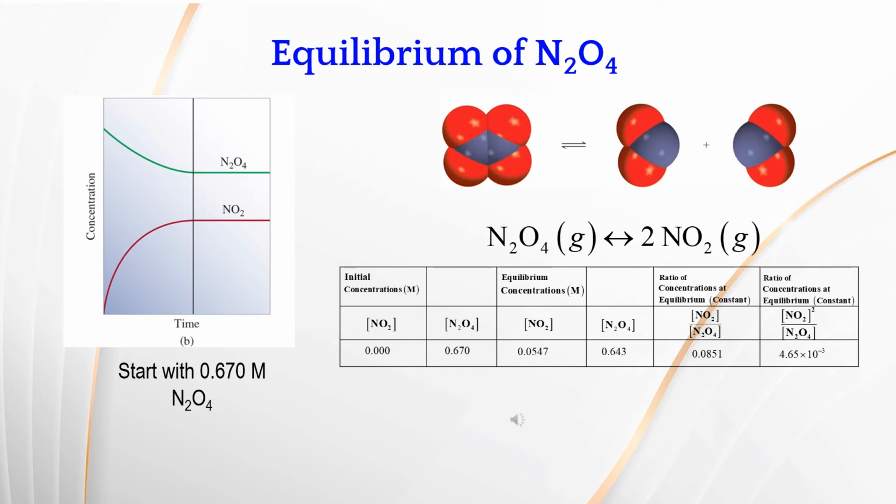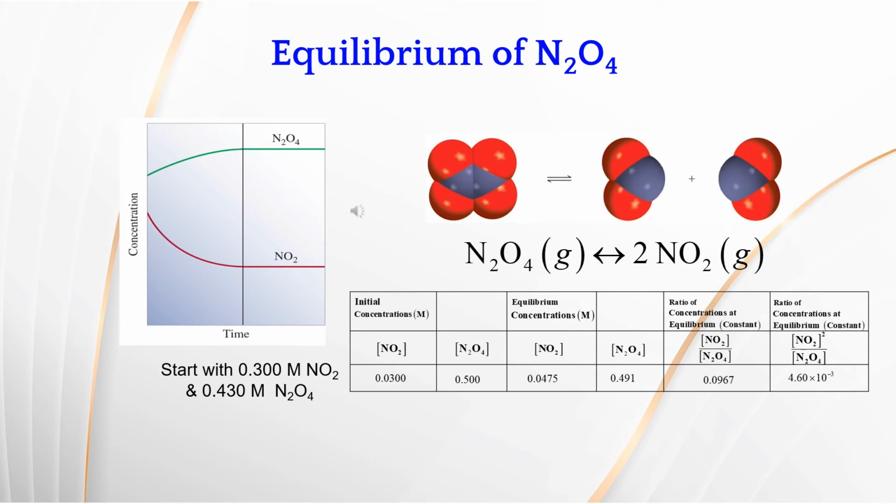We can observe that the reaction does not stop, but it becomes constant. When we find the ratio of the concentrations at equilibrium without the stoichiometric coefficient, the value obtained is different from the previous experiment. However, when we use the stoichiometric coefficient for nitrogen dioxide, the ratio we obtained is 4.65 times 10 negative 3, which is almost similar to the previous value.